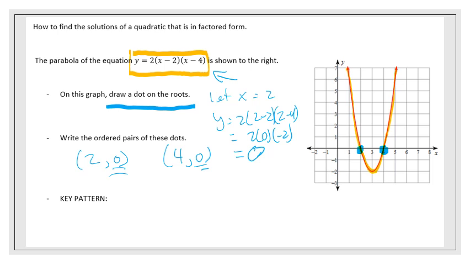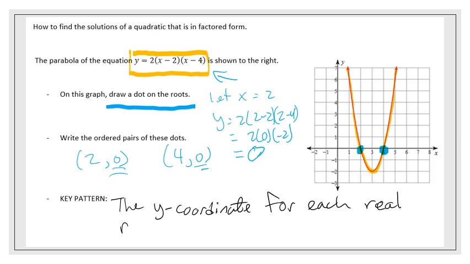So you may have noticed, you may have not, but one of the key patterns we see here is that the y coordinate for each real root of a quadratic is equal to 0.